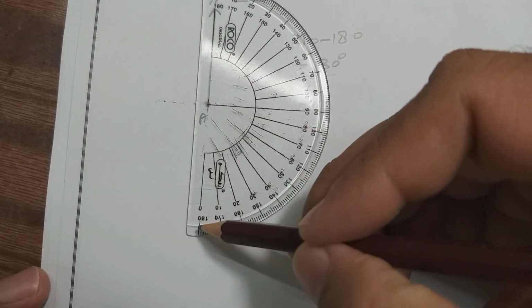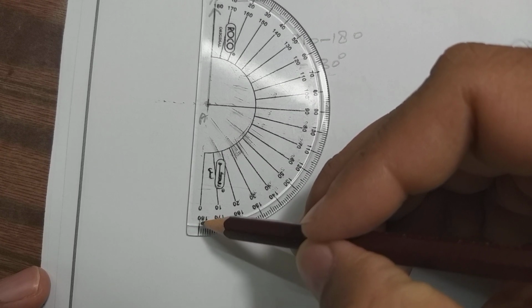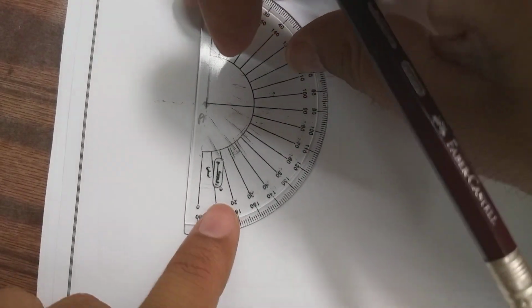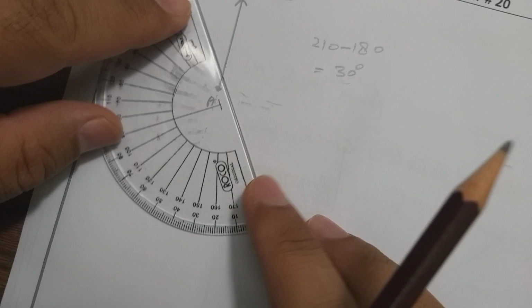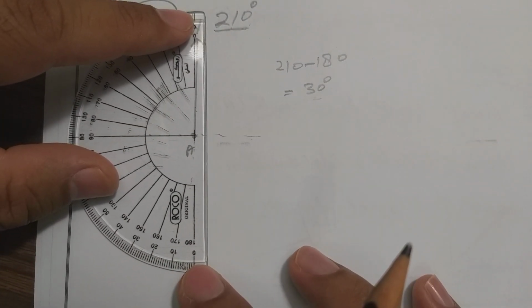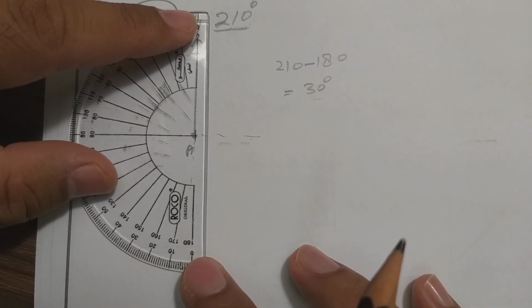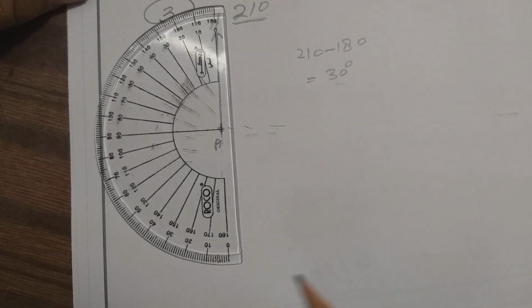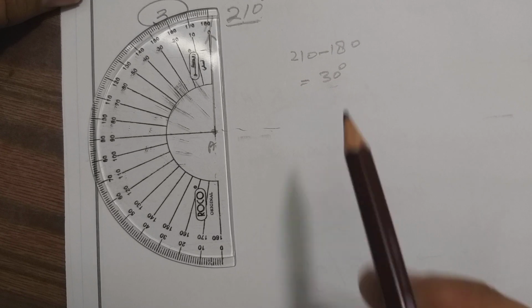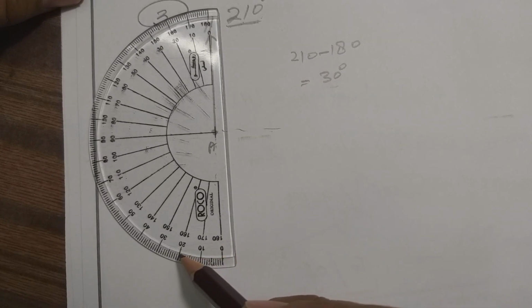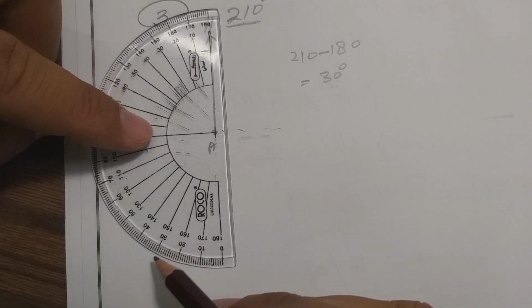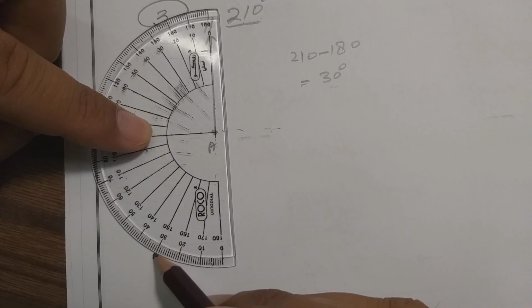If I add 30 degrees to 180, it becomes 210. If I rotate the protractor from here, this is the 0 line: 0, 10, 20 and 30. So this is 30 degrees.